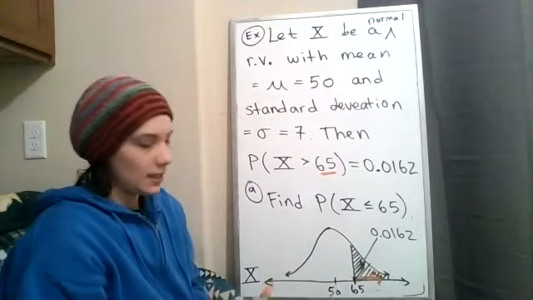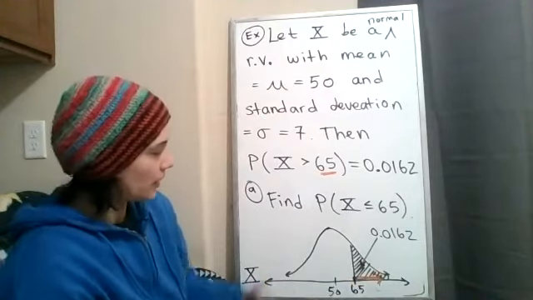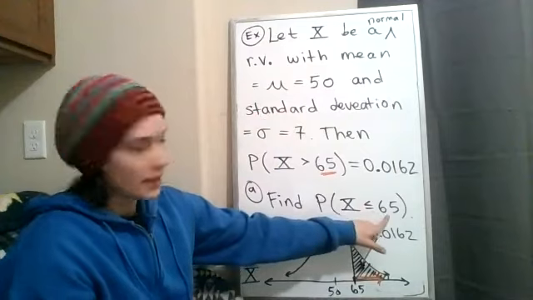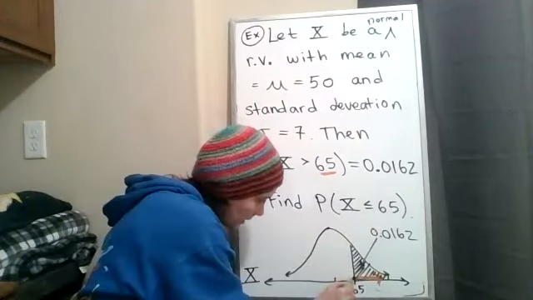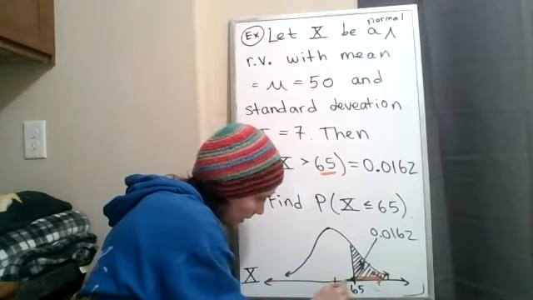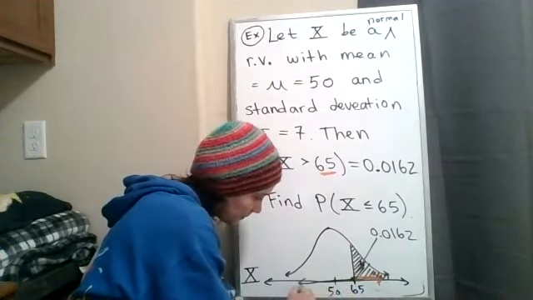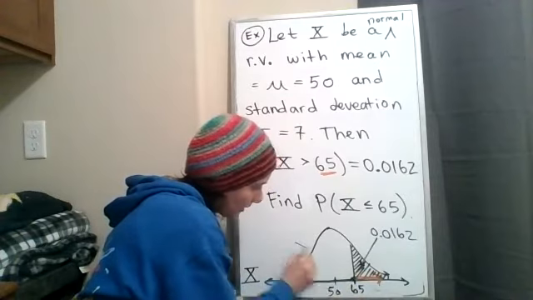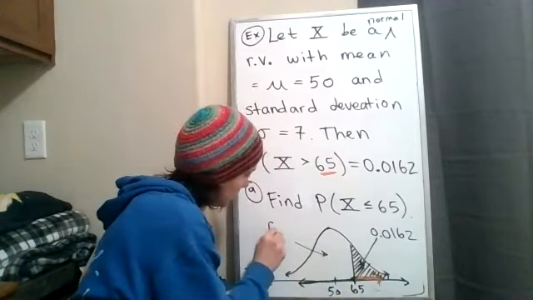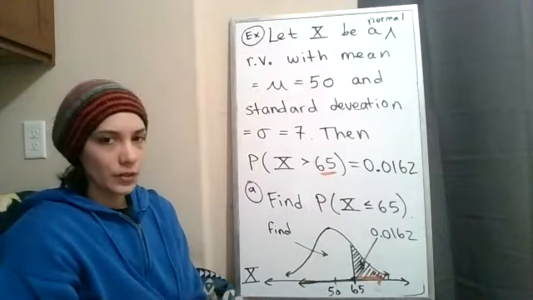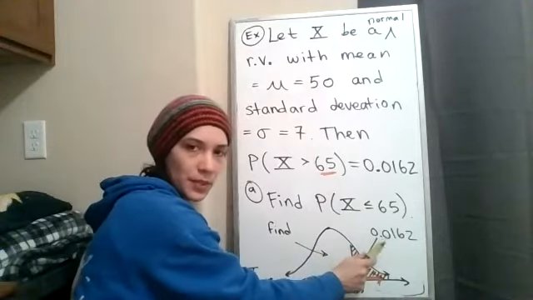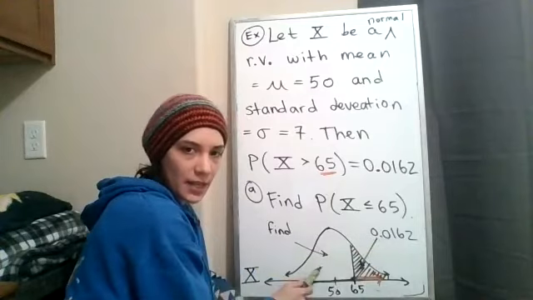But part A is asking for x values that are less than or equal to 65. So if you went from 65 and over this way, this is what I want. So we'll do 1 minus 0.0162, and that leaves the space we're looking for.